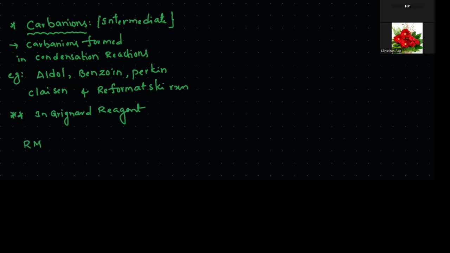So this one is the intermediate RMgX. So this RMgX may exist as RMgCl, RMgBr, RMgI. So these are only exist.